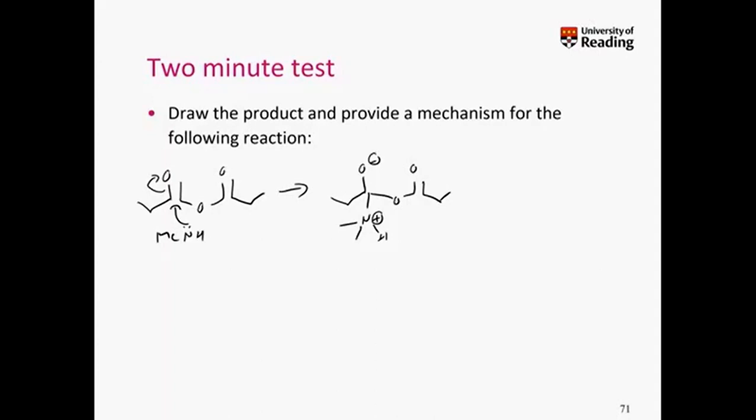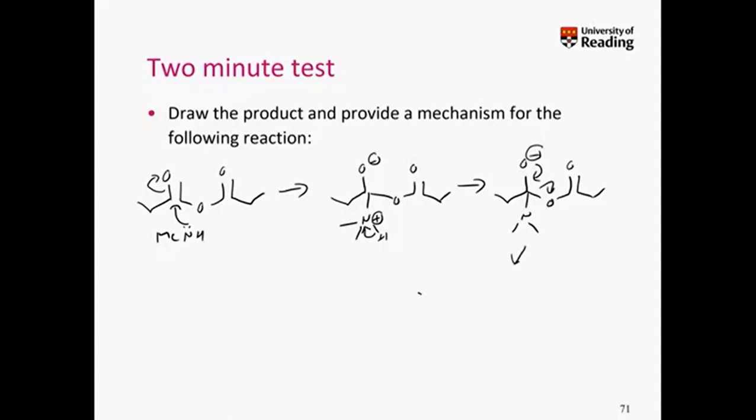charge. We can then deprotonate to give just the two methyl groups left, and then we can reform that carbonyl bond, the carbon oxygen double bond, and lose this carbanion as our leaving group.